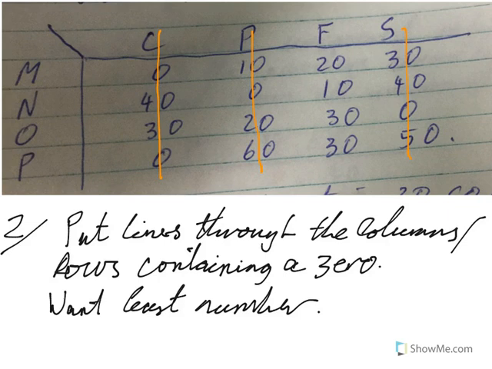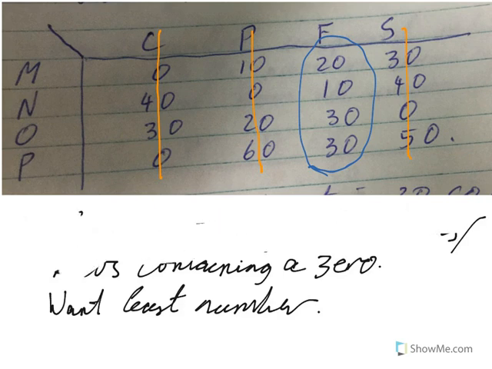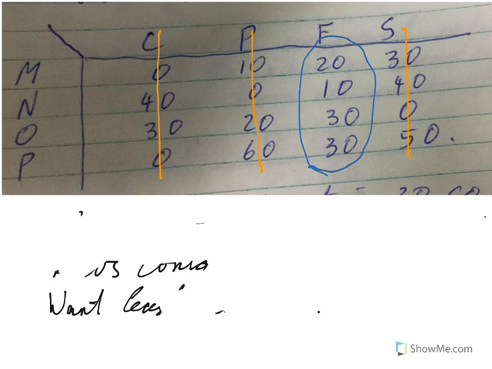And step number 3 is to look at the column without any lines there, and that's this one here. And what we do then, let me rub all of that out so that then I can write down what it is.